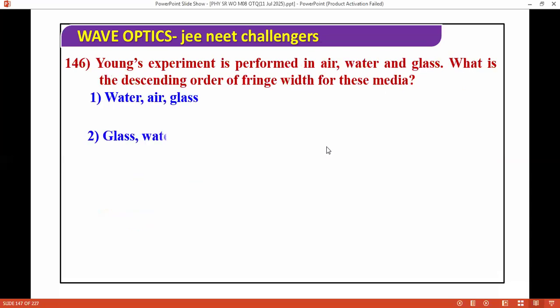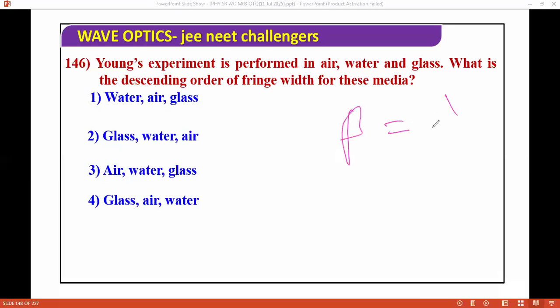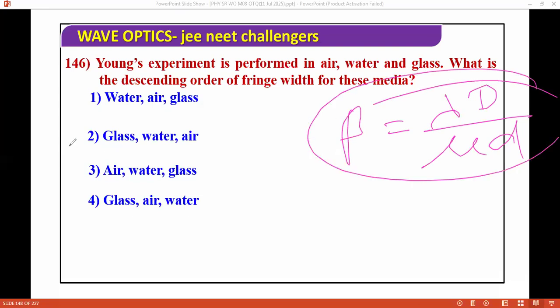For the next question, Young's experiment is performed in air, water, and glass. What is the descending order of fringe width for these media? Fringe width beta equals lambda D by d, and when mu comes in, beta is inversely proportional to mu.